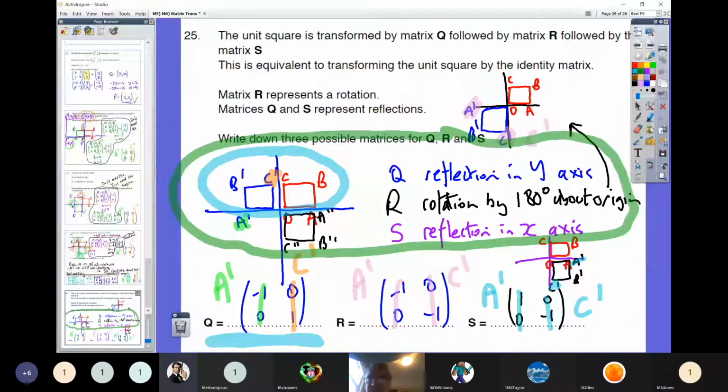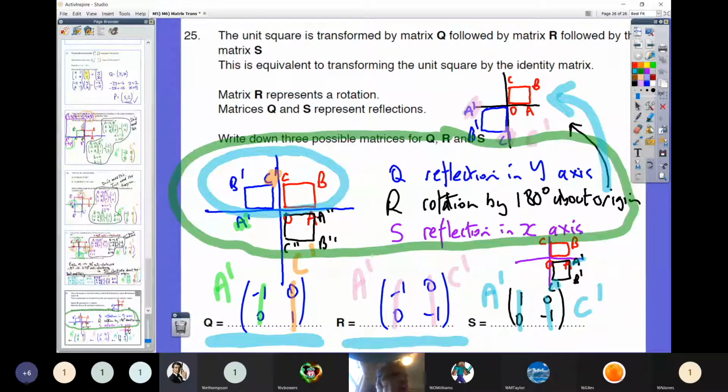That's the diagram I've done at the top. When I rotate the red square by 180 degrees, where do I end up? Where are my A dash and C dash? You can see that A dash is at -1, 0, and C dash is at 0, -1. Hence my middle answer for R.